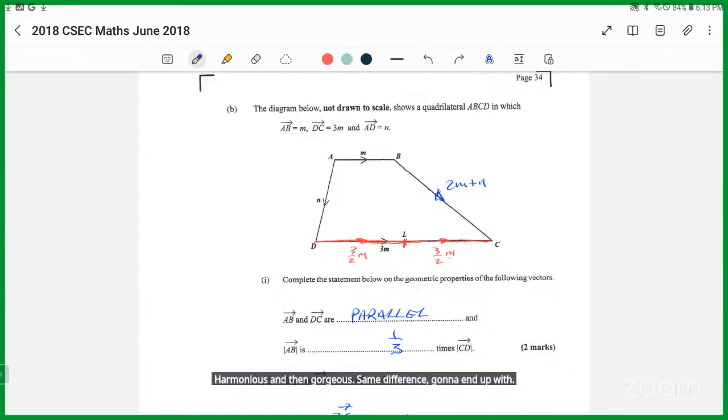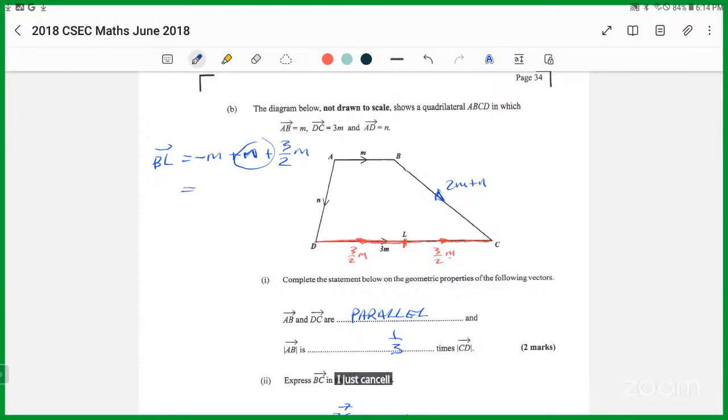Alright, so if I do it now, going from B to L, I can come across here first with a minus M again, minus M. Come down here next with a N plus N, and then go across here with a 3 over 2, which is 1.5 M, plus a 1.5 M or 3 over 2 M. If you consolidate, that's the only N in there, N. Then this is 1.5 M minus 1 M, minus M. 1.5 minus 1 is half.